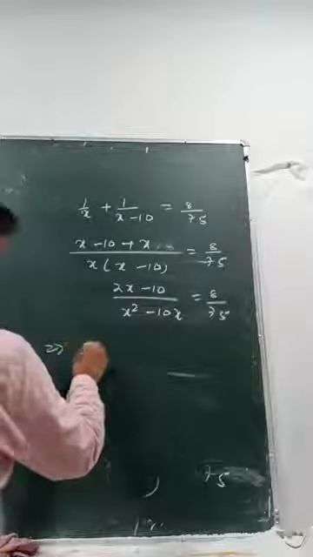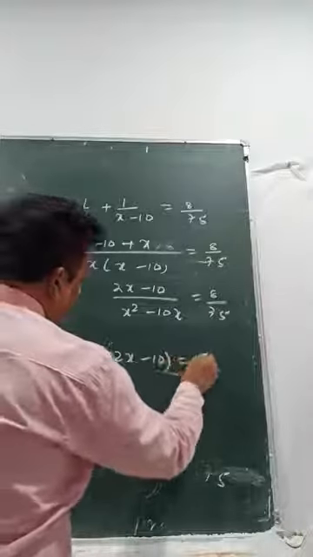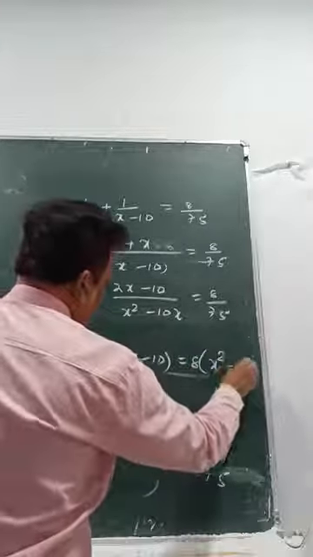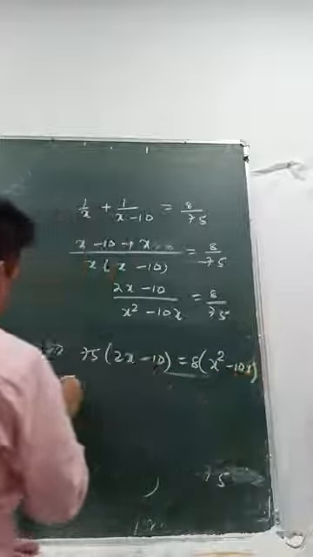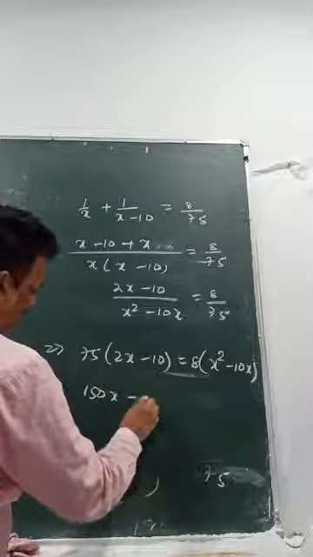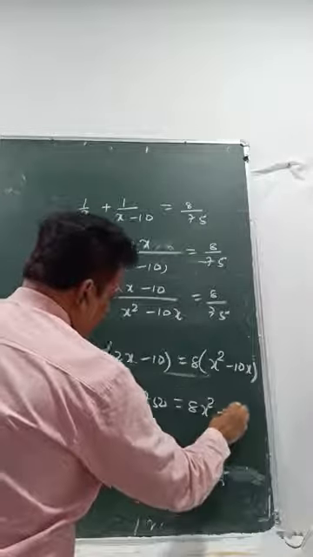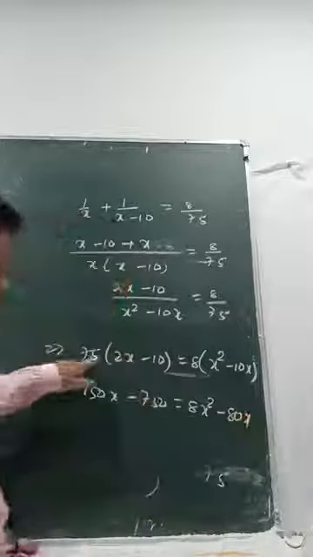So 75 into 2x minus 10 equals 8 into x square minus 10x. So 150x minus 750 equals 80x square minus 80x. So there was a mistake there.